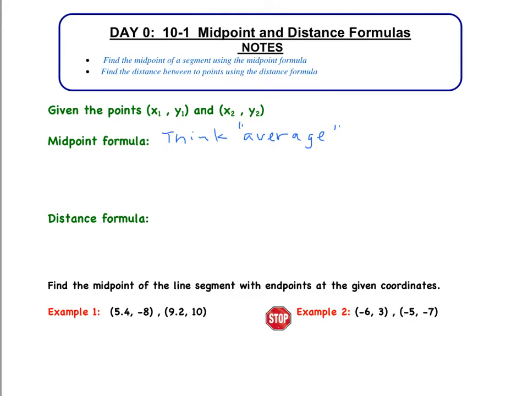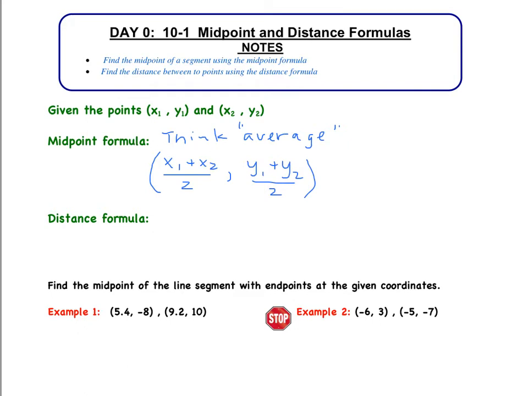So the midpoint formula is (x1 plus x2 divided by 2, y1 plus y2 divided by 2). Okay, and those are the coordinates of our midpoint.